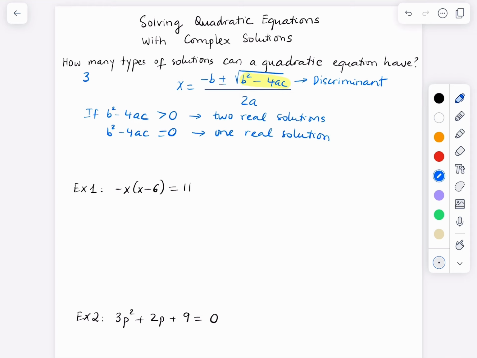And if the discriminant is less than 0, at this point we are going to look at a negative number inside of a square root. Then we should end up with two complex solutions, or two imaginary solutions.